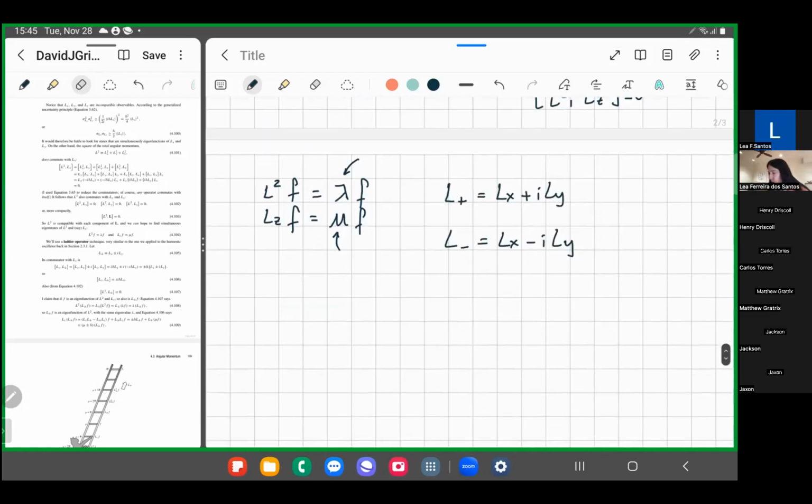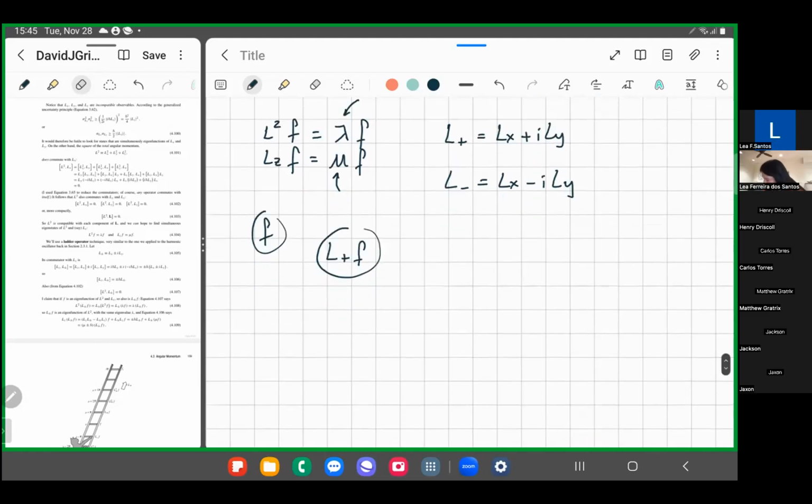Why is this important? Because we said if f is an eigenfunction of L square and Lz, then this new function, L plus applied on f, is also an eigenfunction. We showed that L plus on f is still an eigenfunction of L square with the same eigenvalue. How about the Lz?